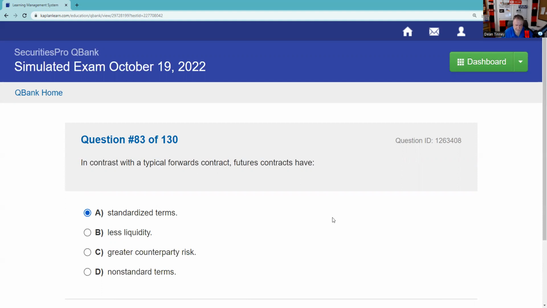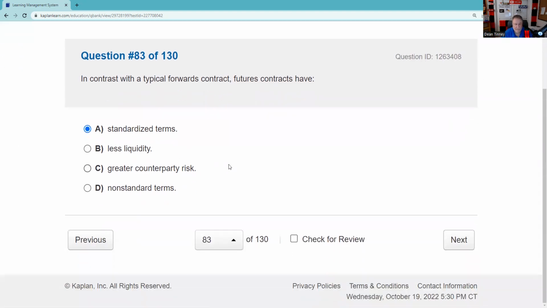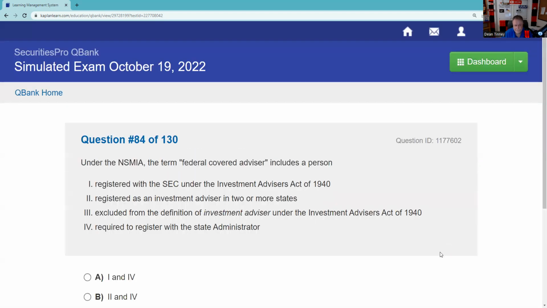So one of the reasons you might want to do this in the futures market is the contracts are standardized. There's an issuer, there's a guarantor, you have less counterparty risk. By the way, the opposite answers, right? Futures have more liquidity. They have less counterparty risk. And B, C, and D are all the bad things about a forwards contract. So I would be able to contrast forwards with futures there, and that's one of the contrasting points.